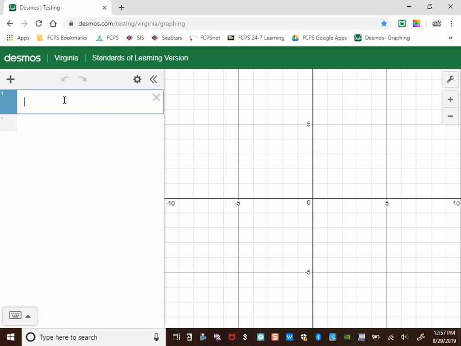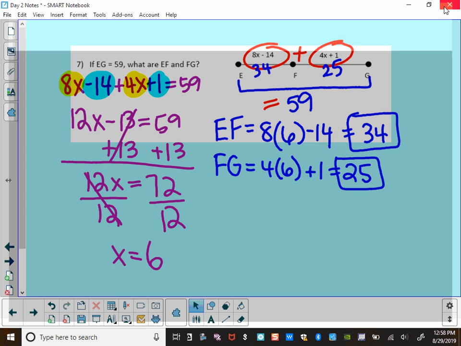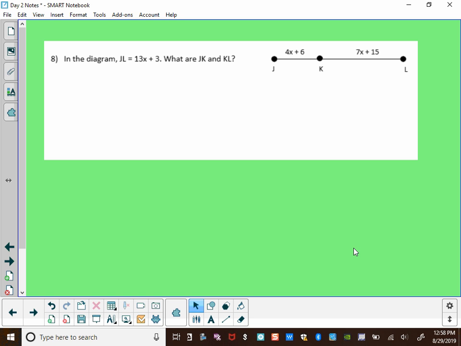So if we're looking at number 7, you could type in 8x minus 14 plus 4x plus 1 is equal to 59. And what do they give us for an answer? X is what? 6. So all that hard work that we just did, Desmos can do that for you too. But once you have that, then you have to know how to plug it into your segments to get your answer. So we'll use that a lot more this year.